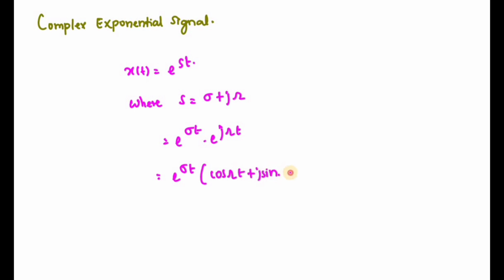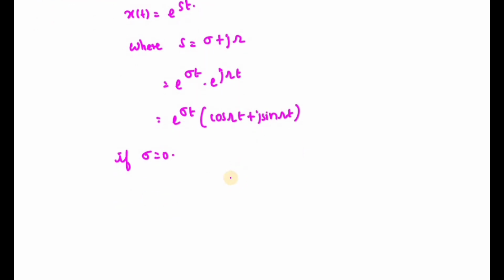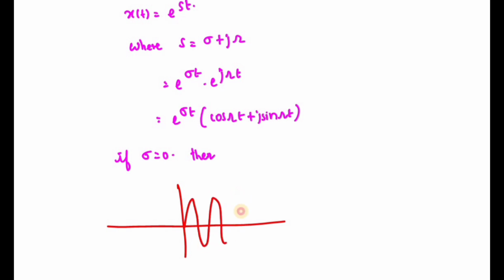Whenever omega is equal to 0, it becomes a real exponential signal. What happens if tau is equal to 0? If tau is equal to 0, it is nothing but cos omega t plus j sin omega t, a combination of cos and sine waves.